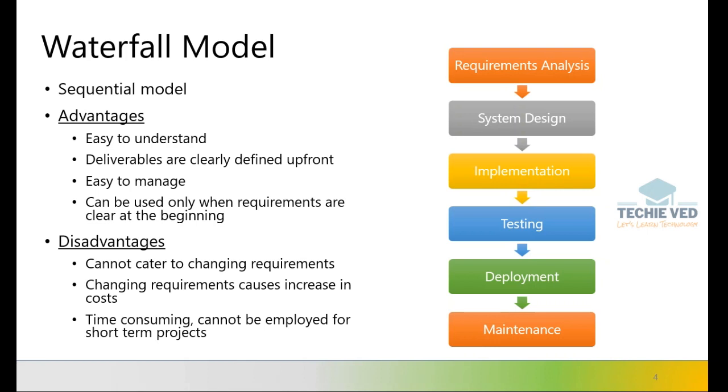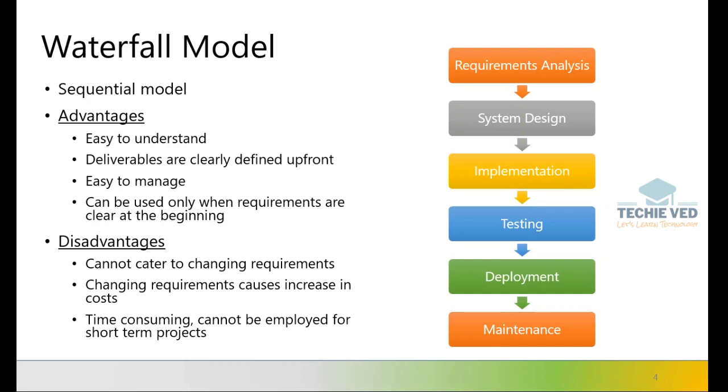With this being a sequential model, let's look at the advantages and disadvantages. Sequential means you go to the next stage only after you complete the first phase, so it is very easy to understand. Deliverables are defined upfront, where you see the outputs of each of the phases, as we looked at in the last video. So you clearly know what is expected out of each phase, and this becomes easier to manage.